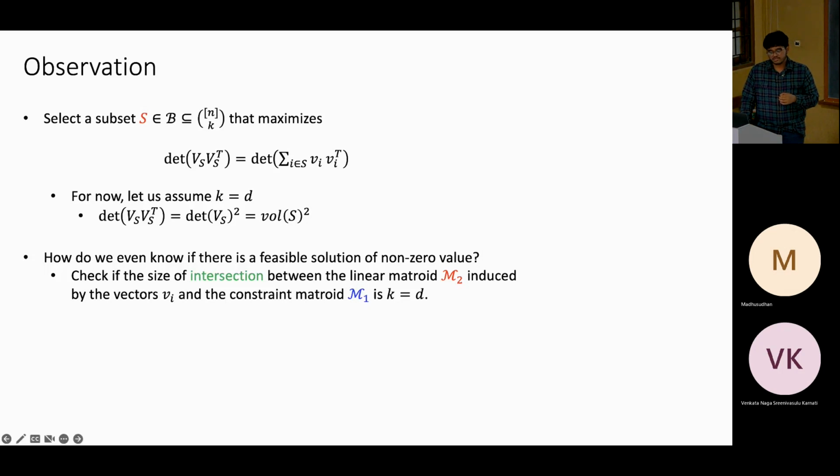That's a clear case of matroid intersection, right? Between the linear matroid and the constraint matroid. So clearly it makes sense to try and do something with matroid intersection, where you have to quantify matroid intersection, not just finding a common basis, but the basis should have a very good value with respect to this objective value, right?